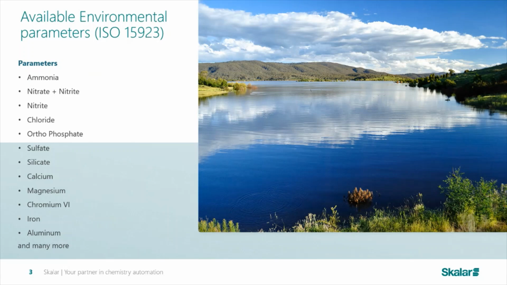So you see here also chromium-6, iron, and aluminium. And these parameters can all be analyzed in a wide range of sample matrices, which is a requirement of the environmental market. And all of these parameters are analyzed by fully developed methods, which are supplied with the analyzer.